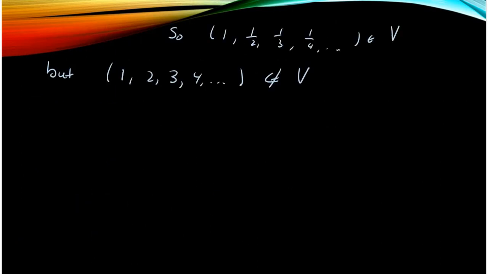This is a new set, so we have to think about what's in there. The sequence 1, 1/2, 1/3, 1/4 is in there because that sequence is bounded by 1. But 1, 2, 3, 4 forever is not bounded. It goes to infinity, and it definitely goes above any limbo bar that you try to bound it by.